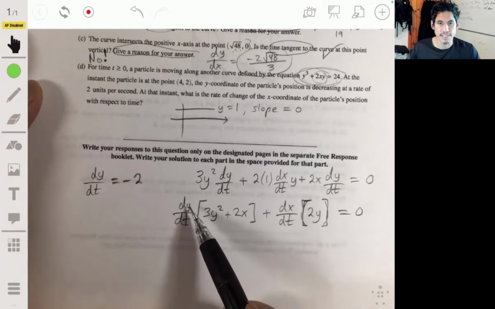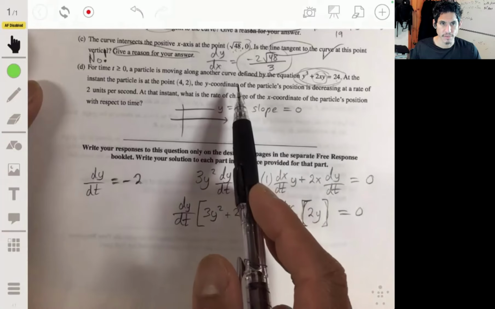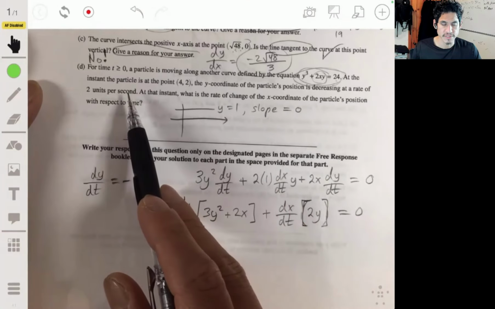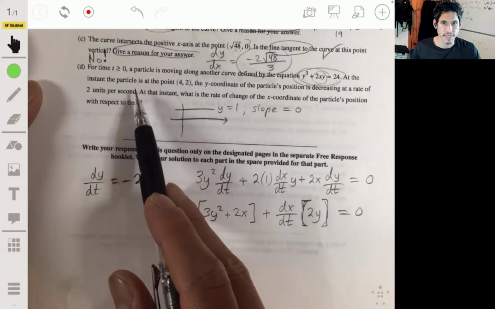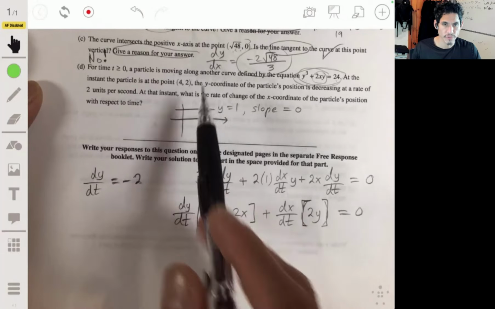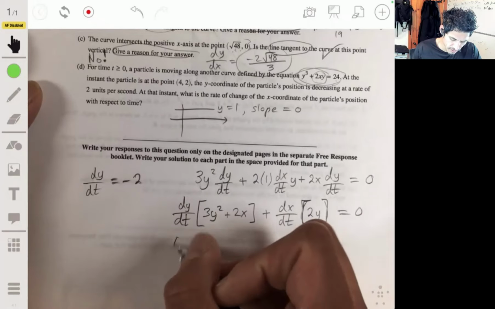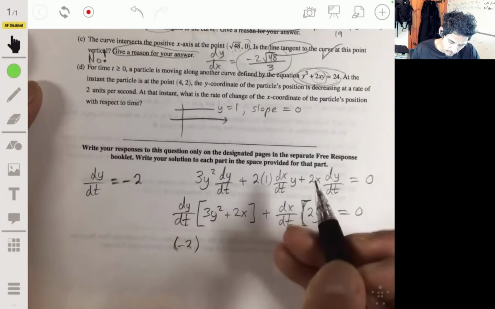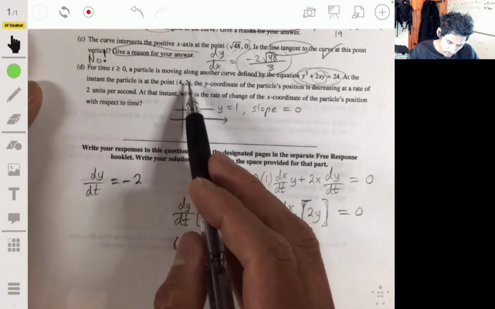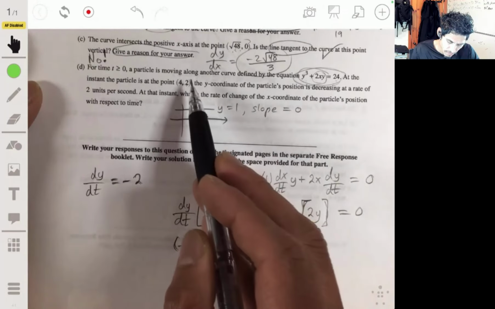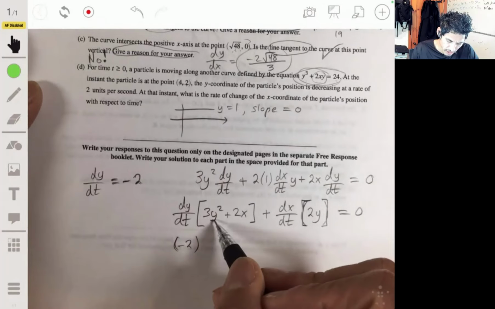Now we have dy/dt, because it's telling us that at this specific moment the derivative is -2 units per second for y. So we replace this with -2. And we know that y is 2 and x is 4.